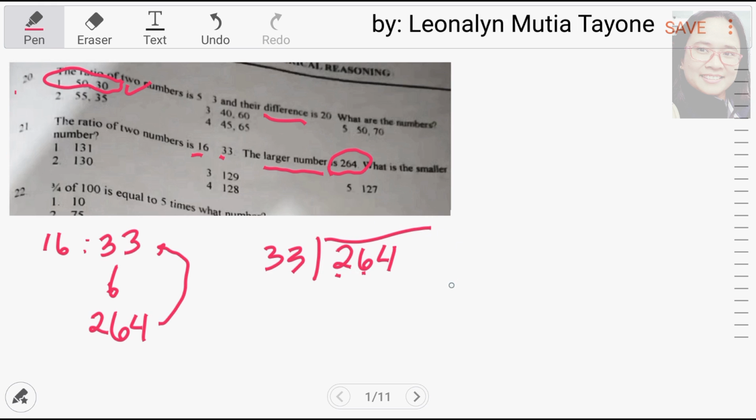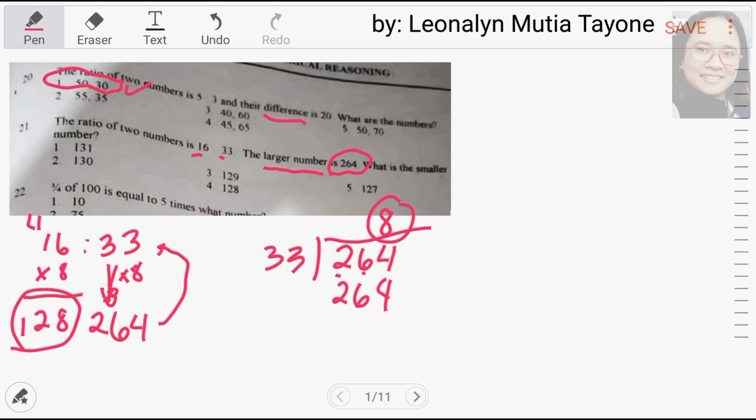Pagpalagay natin 9, hindi rin 9, 8. So, it is 8. So, 8 ang nag-multiply dito sa 33 para maging 264. Therefore, yan din ang gamitin natin para i-multiply natin sa 16. 16 times 8, this is 128. Ito na yung sagot, 128.